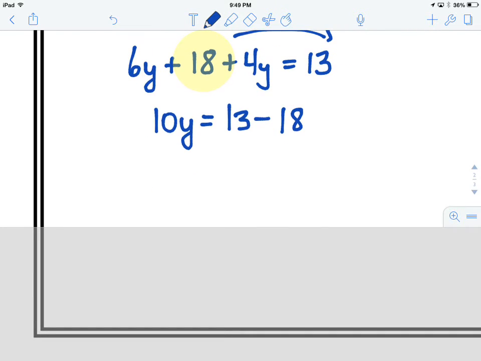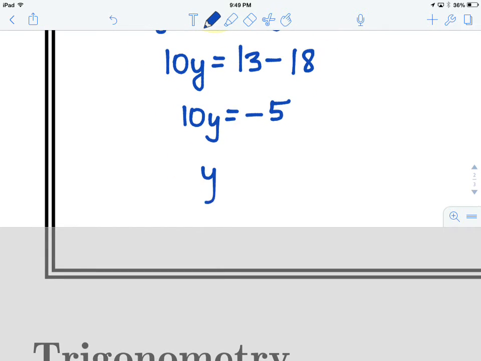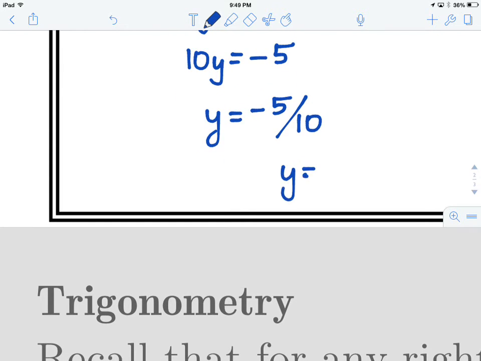So 10y is equal to negative 5, and we get our root for y, negative 5 over 10, and we'll just finish this off. y is equal to negative 1/2.